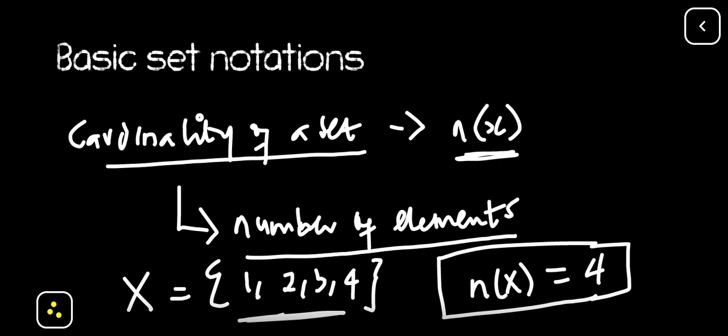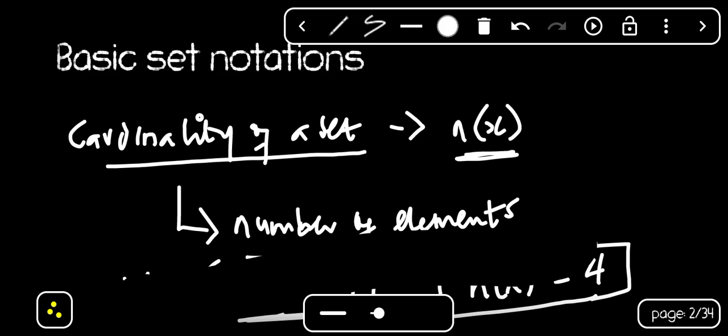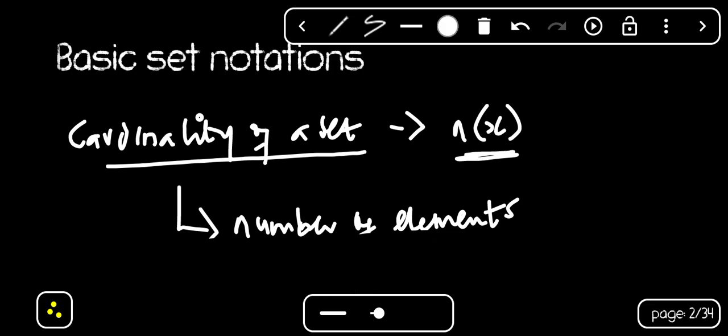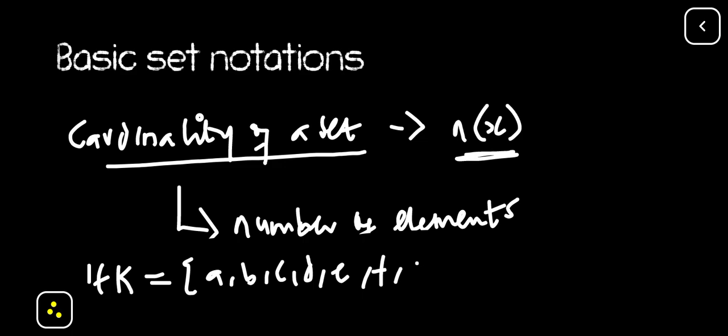Okay. You can give another example. Let's say k is equal to a, b, c, d, e, f, g, and h, right? Now they can ask you to find the cardinality of the set.